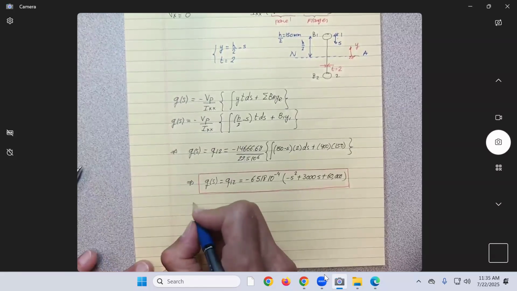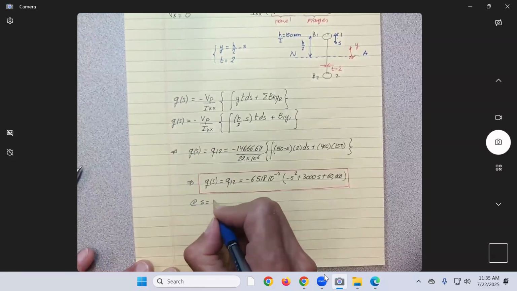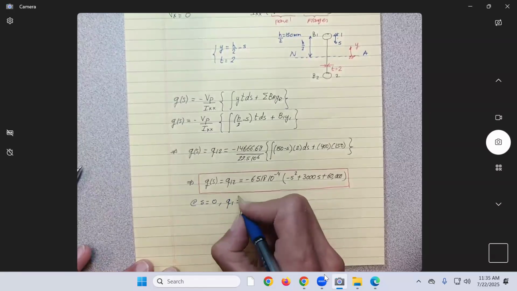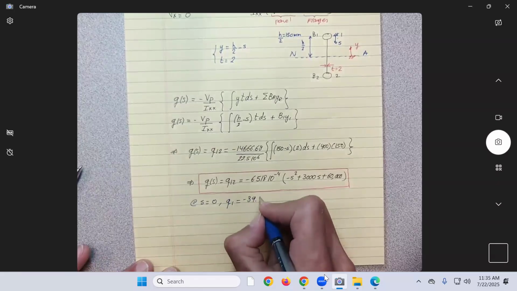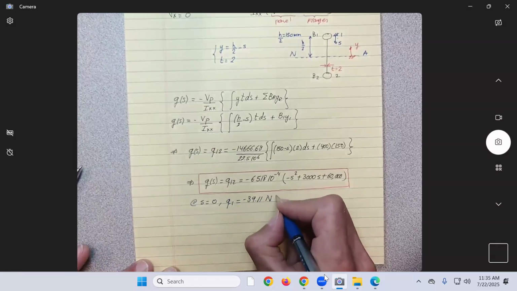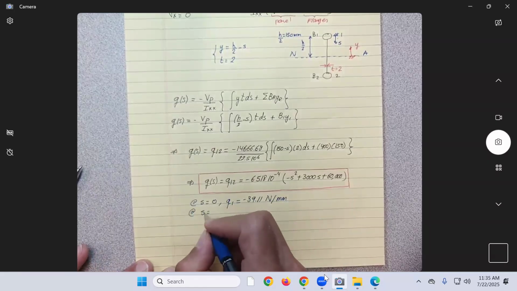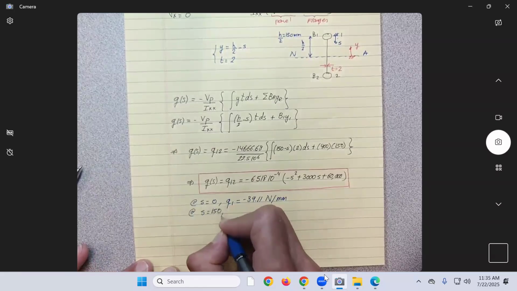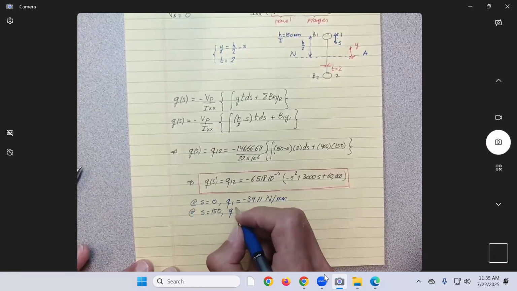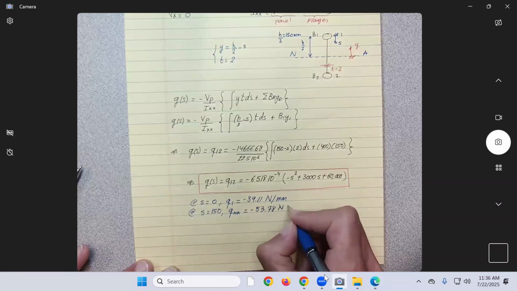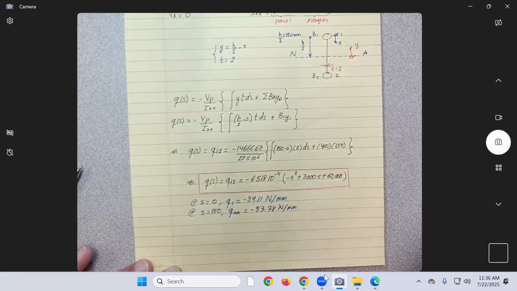Okay, we do like we have been doing here at S equal to 0. This is like the assignment. Q1 will give you minus 39.11 newtons per millimeter. And at S equal to 150, at the neutral axis, Q is equal to minus 53.78 newtons per millimeter.